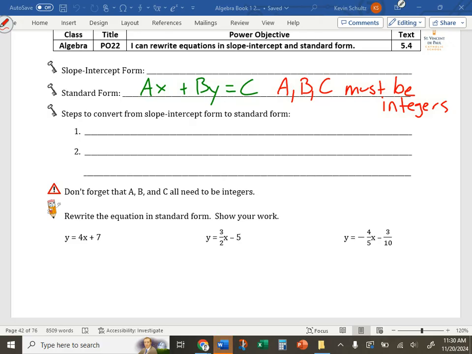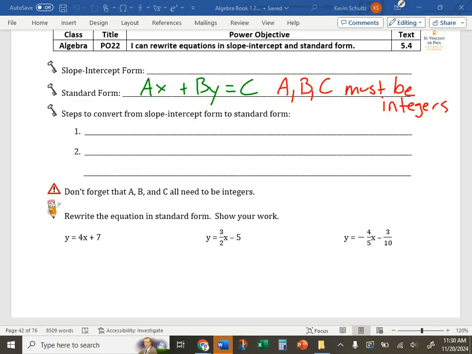Now why that makes this a little more tricky is because slope-intercept form often has fractions, because the slope is usually written in fraction form. If it's not something like 4, it's in a fraction. So not only do we have to convert from y equals mx plus b to get x and y on the same side, we also have to get rid of any fractions that might exist. So it's a little bit of an extra step.